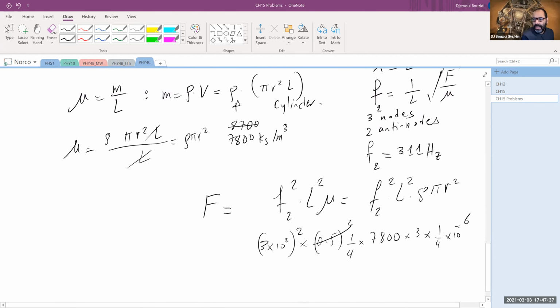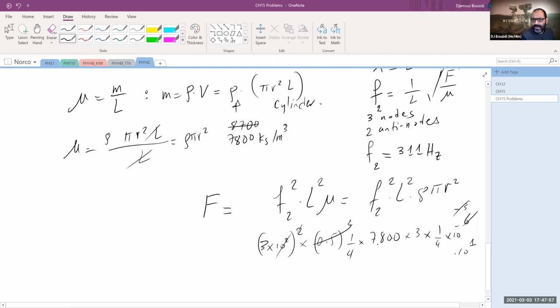So that is 10 to the negative 6, and this 1, 2, 3 zeros, so I'm left with 10 to the negative 3. And I have in here 10 to the power 2 and 2, so that is going to be 10 to the power 4. So all of these powers will be left with just a 10 at the end to the power 1.